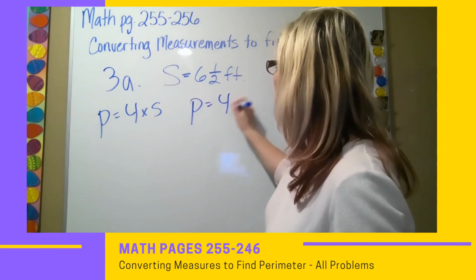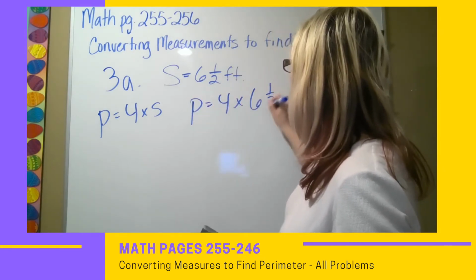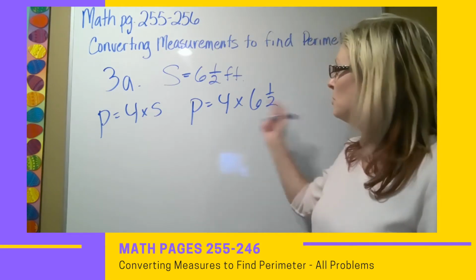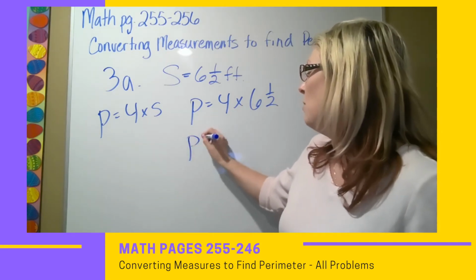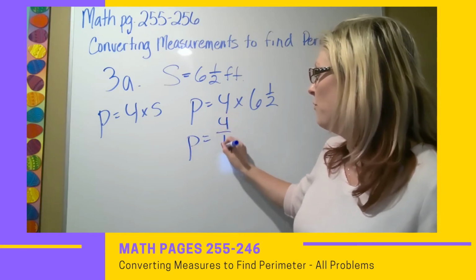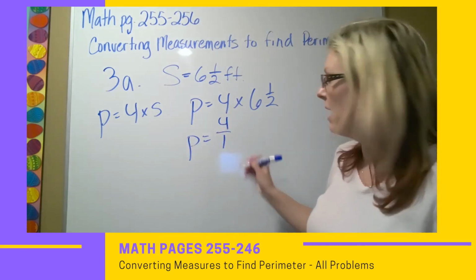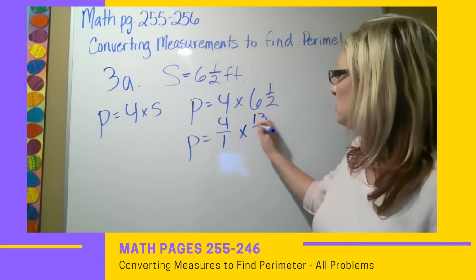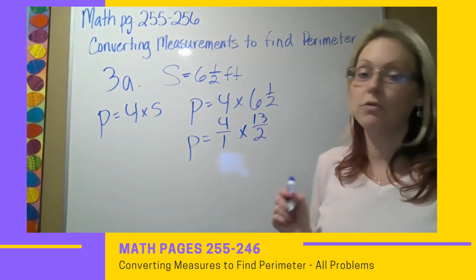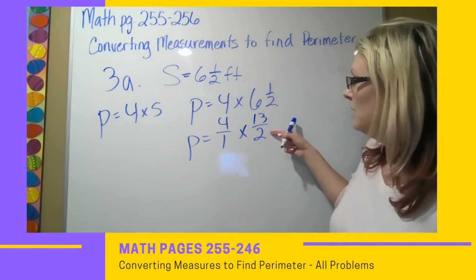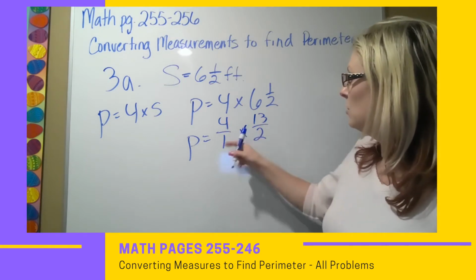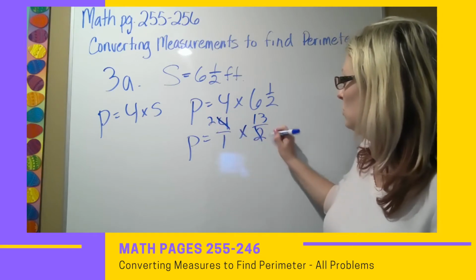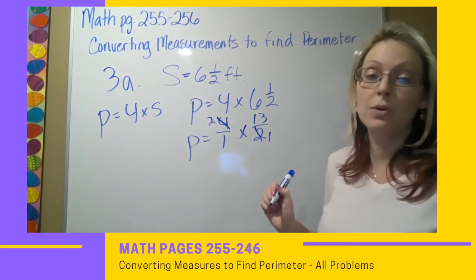P equals 4 times 6 1/2. Now, yes, what do you got to do? We have to be able to multiply these two. So P equals, changing my 4 to 4 over 1, right? Then 2 times 6 is 12, plus 1 is 13, so that's 13 over 2, keeping my common denominator, right? Now I can cross cancel. I get 2 because 2 goes into 4 2 times. 2 divided by 2 is 1.